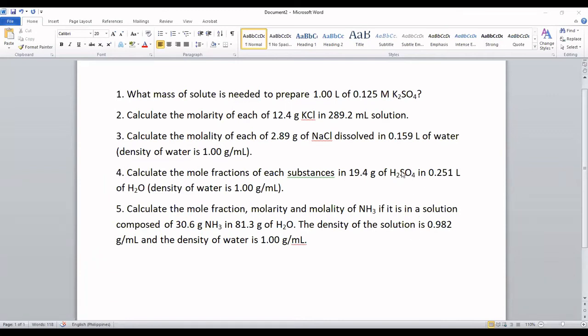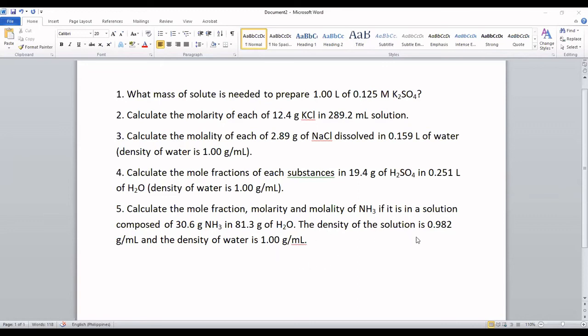Here, after mole fraction, the same thing. Determine the moles of ammonia and the moles of water to get the mole fraction. To get molarity, you already have the moles of ammonia. You just divide it by the volume of the solution. How will you get the volume of the solution?